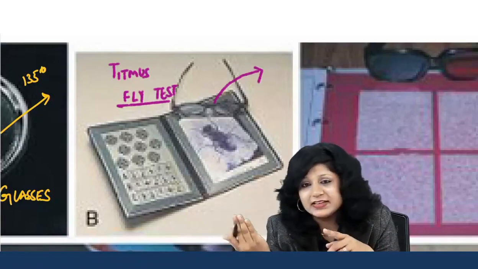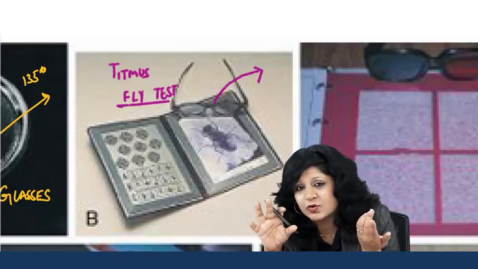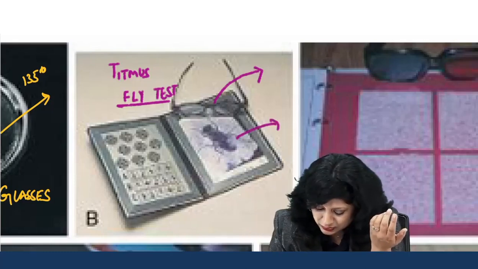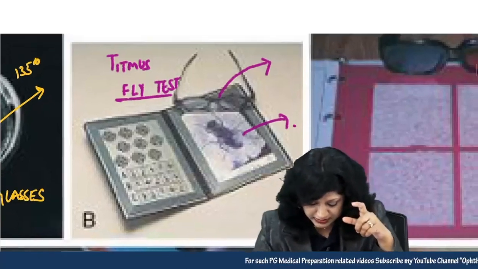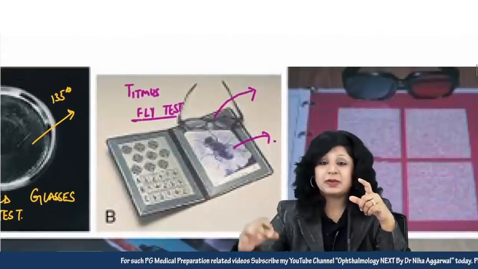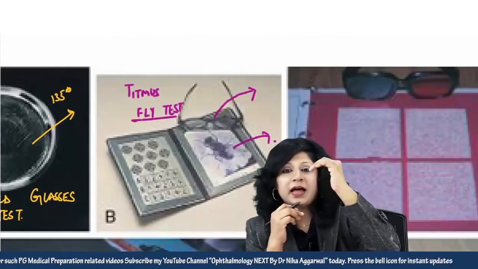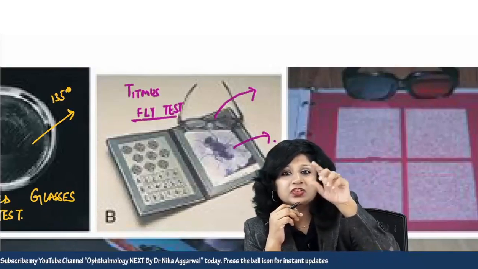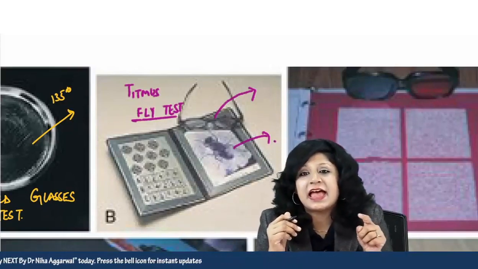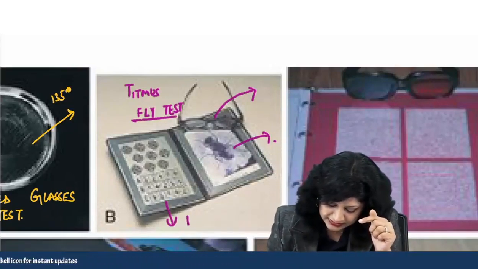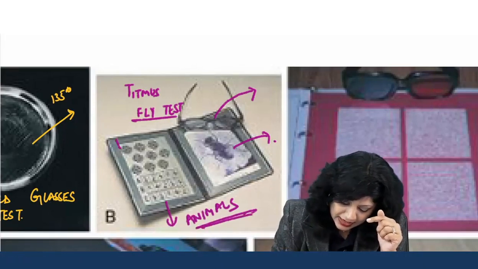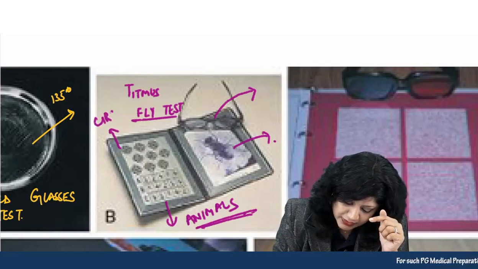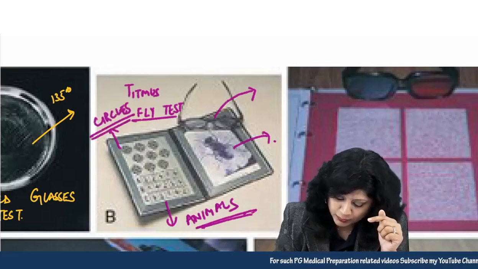We have the right side and the left side. The right side has a housefly. The left side has two parts. The upper part has the rhomboids, which consist of circles, and the lower part consists of animals.